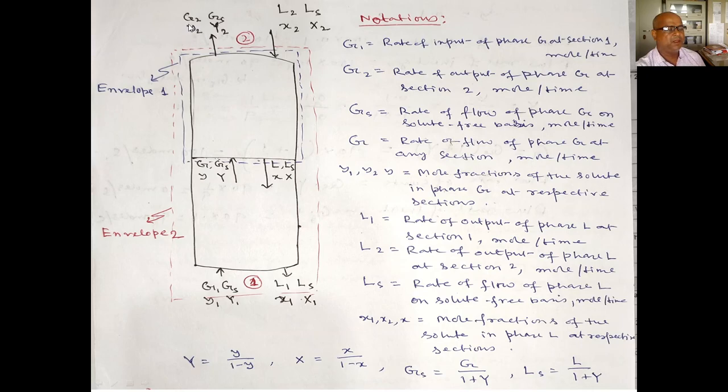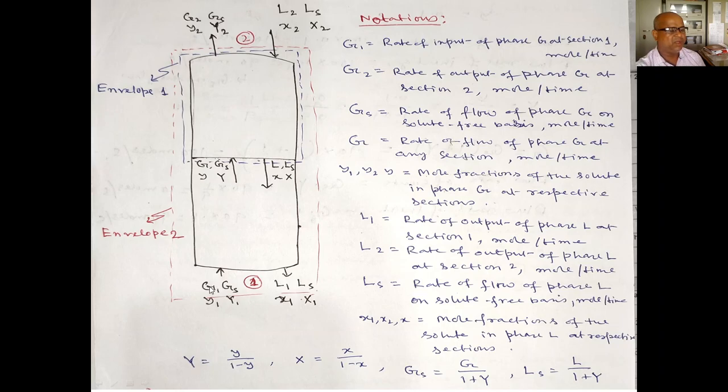Now here I am taking the extreme points. This is input, this is output, but there will be some change in between. Let's take the absorption of ammonia.